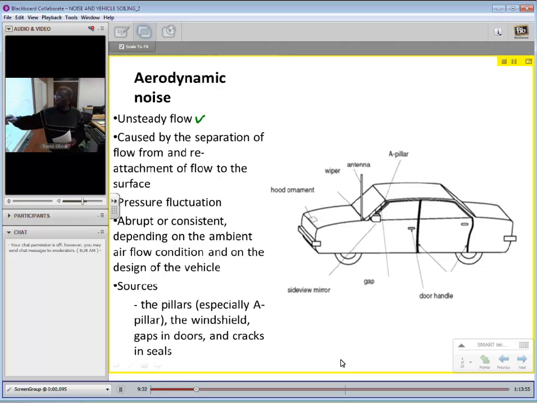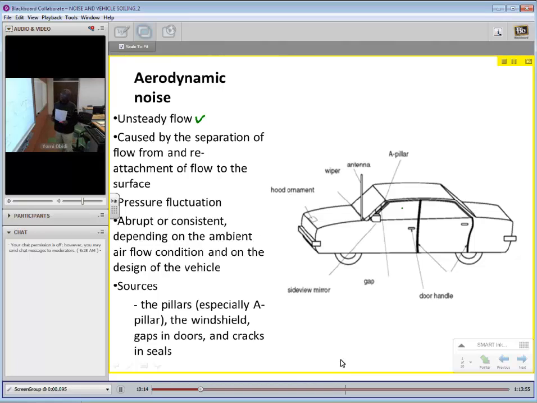We have pressure fluctuation. Again, if we look at the windshield, the side shield, especially with a side wind coming to hit this, you would have fluctuation perpendicular to the direction of vehicle motion. This is the direction of vehicle motion. So you will have pressure fluctuation perpendicular to it, which is usually more obvious in the glass components of the vehicle.